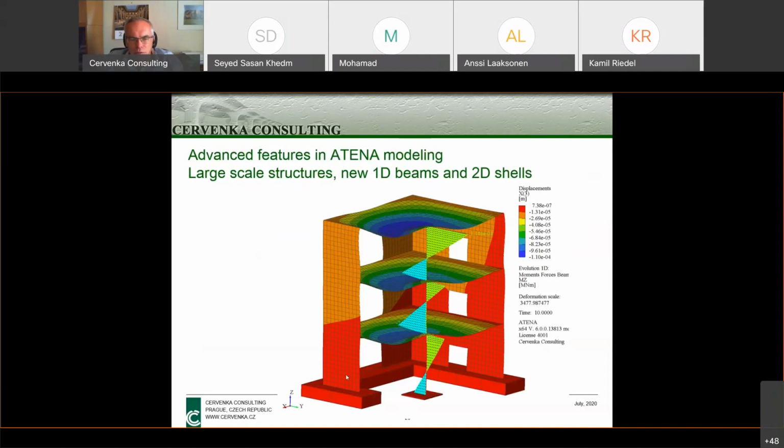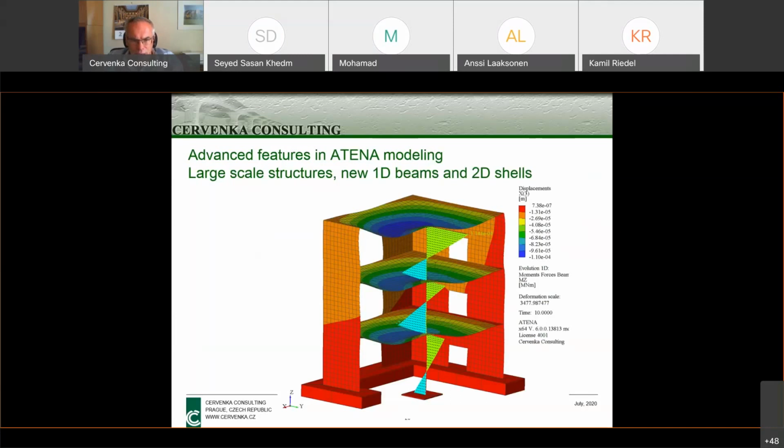Of course, you have to keep in mind that once you use these beam elements or shell elements, then you have to start using more traditional formulas for shear behavior and so on. So these elements cannot capture so well the shear failure.